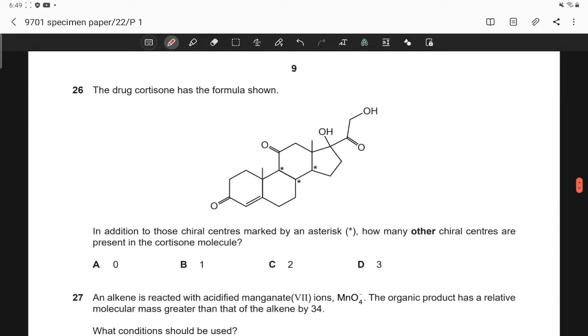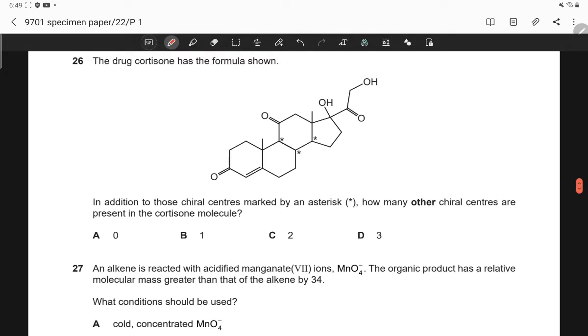Question number 26. The drug cortisone has the formula shown. In addition to those chiral centers marked by an asterisk, how many other chiral centers are present in the cortisone molecule?